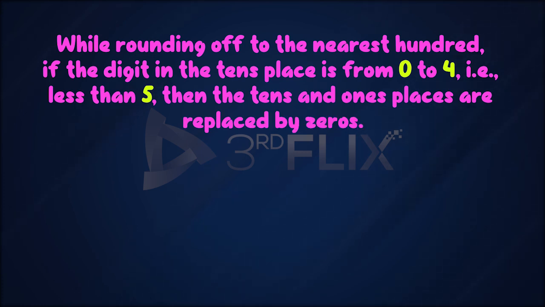While rounding off to the nearest 100, if the digit in the tens place is from 0 to 4, that is less than 5, then the tens and ones places are replaced by zeros.